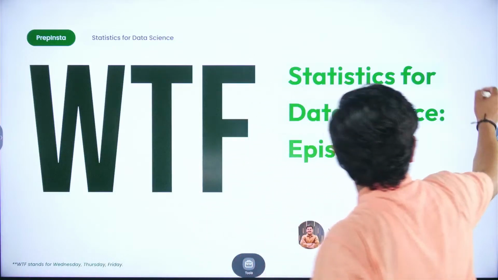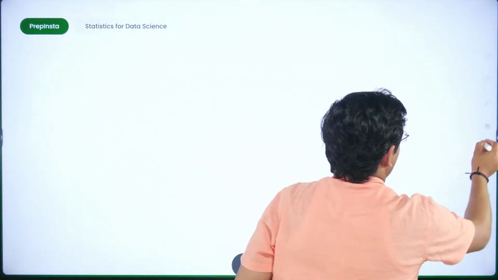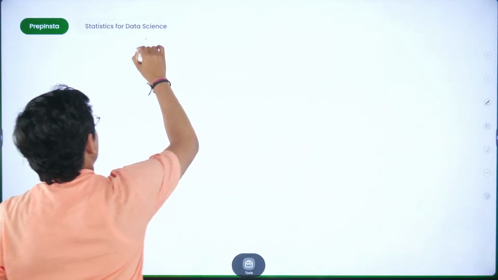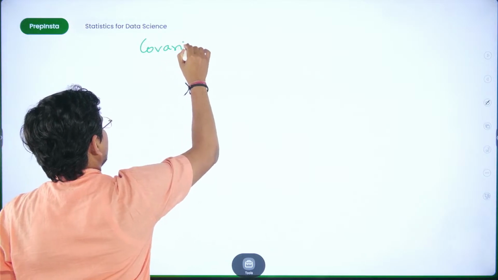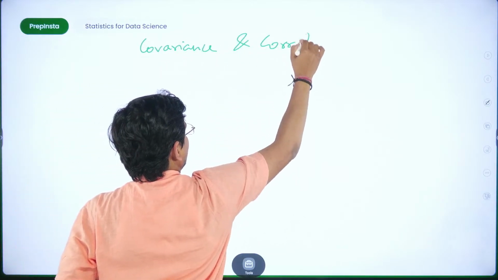So let's begin with today's topics. And today's topic is covariance. There are two terms which are often used together, covariance and correlation.